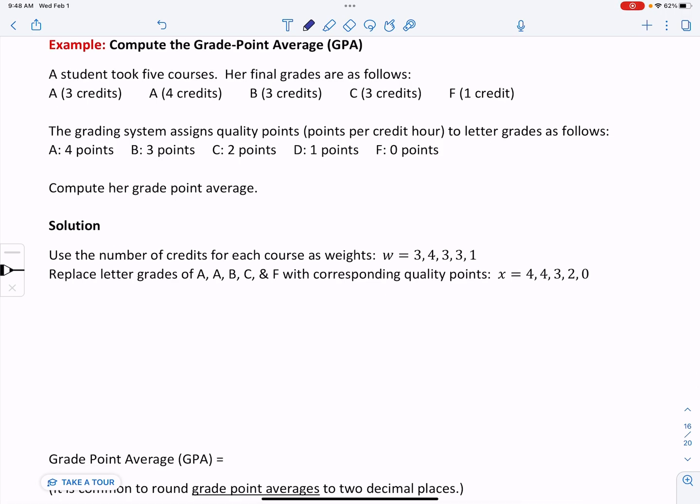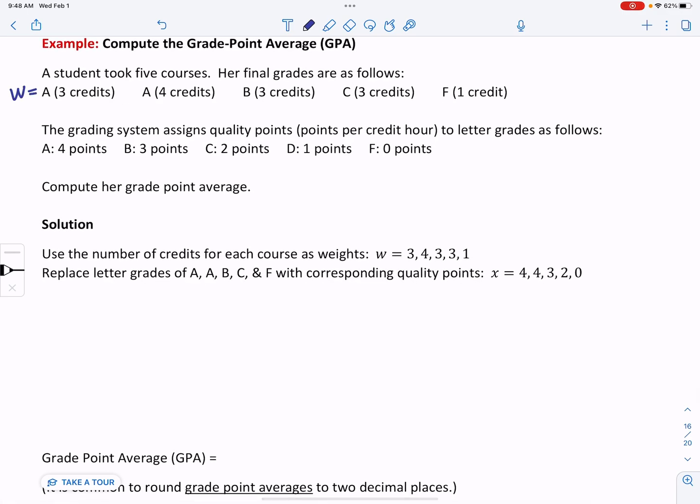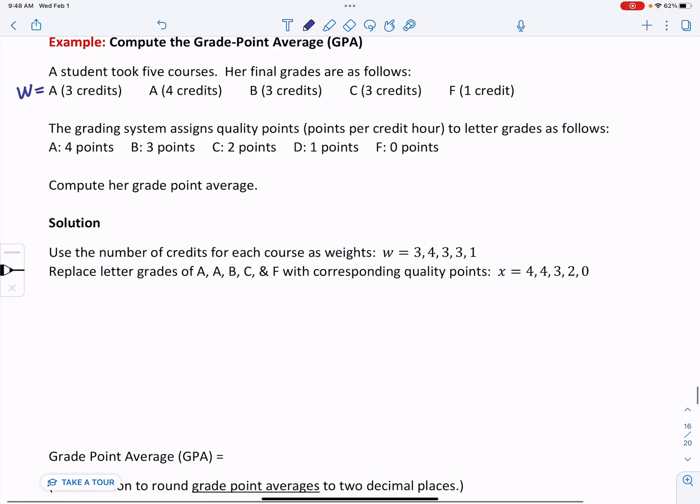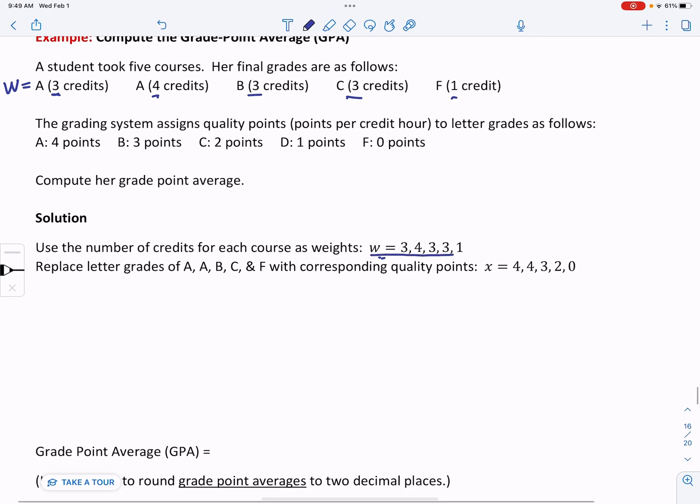We are going to use the number of credits, so these up here, as the W. So she got 3 in the first one, and then 4, and then 3 and a 3 and a 1. That's where those numbers are coming from.